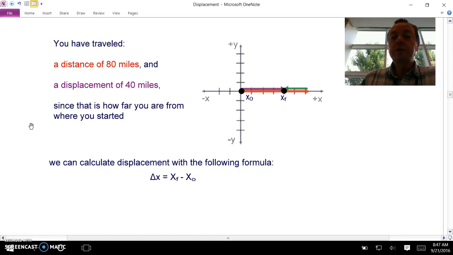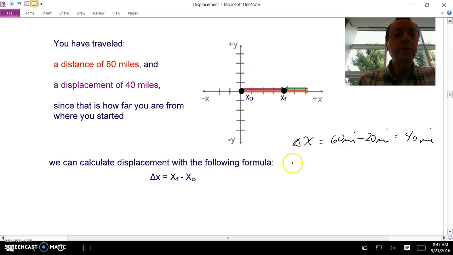Okay, so the displacement is actually delta x, or 60 miles minus 20 miles is 40 miles. And the distance, what I would do is I would just add the two sizes.